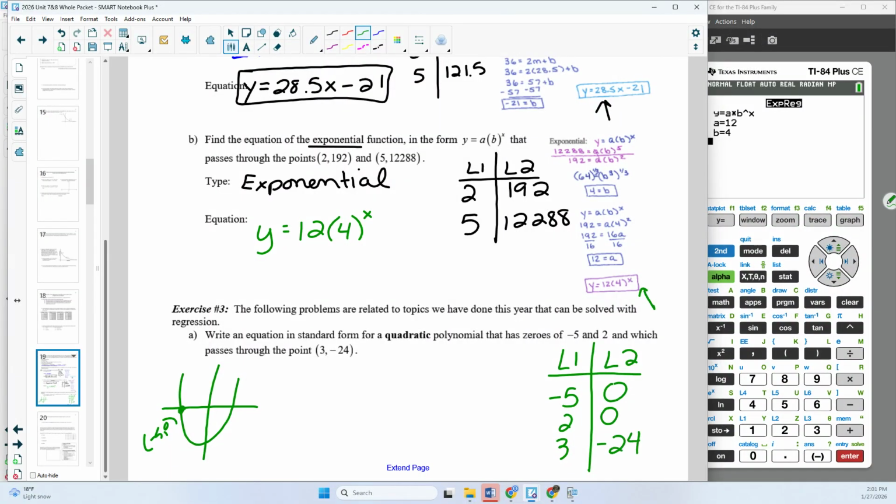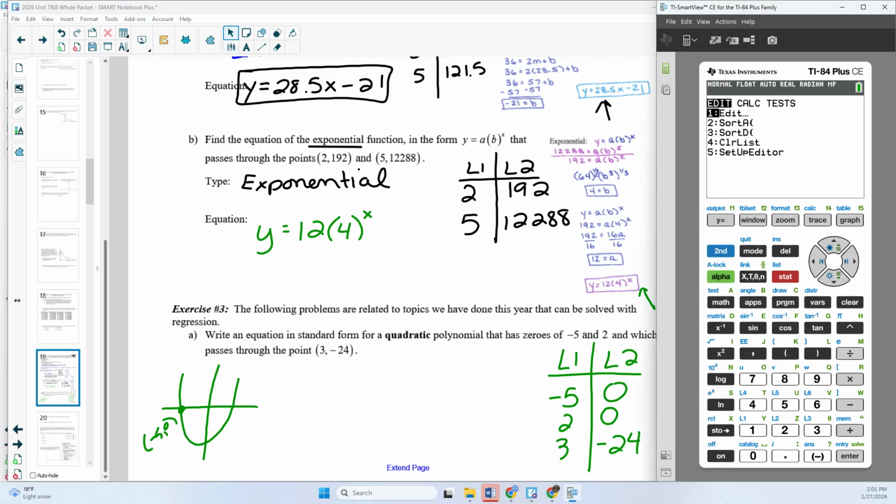I don't have to have my x values in order from smallest to largest, but I do have to make sure that the correct x's are paired up with the correct y's. So we're looking for a quadratic regression. First, I have to enter that data in. And now I have -5, 2, 3, and 0, 0, and a -24.